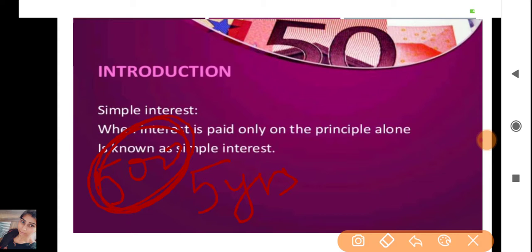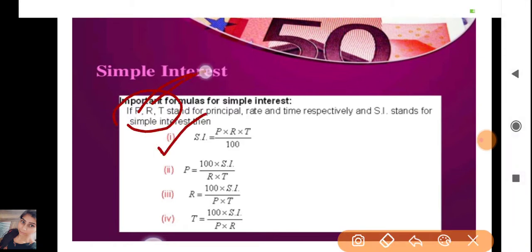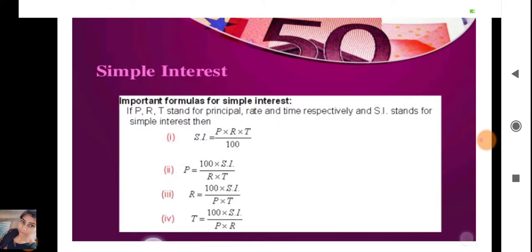That will be called simple interest. And the formula for simple interest is PRT, that is principal, rate, time, and this formula is P into R into T by 100. From this formula only we have derived the formulas that we have already used. Here SI stands for simple interest.